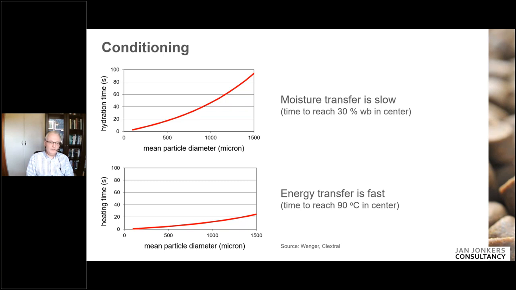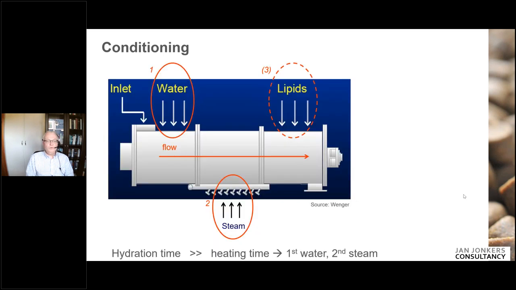If you look at the top graph, for example, at a particle diameter of 500 microns, it takes almost 20 seconds to hydrate this particle. But if you look at the heating time, it's only a few seconds to heat this particle of 500 microns. That's good to keep in mind. It also influences how we should run the conditioner in the plant, because water needs some time to get into the particles.